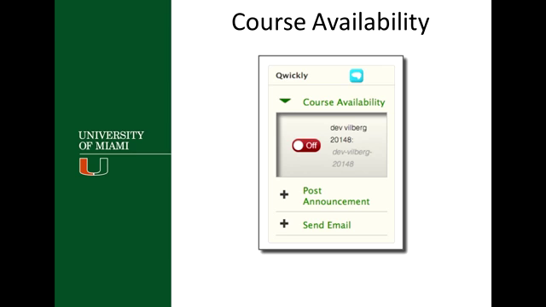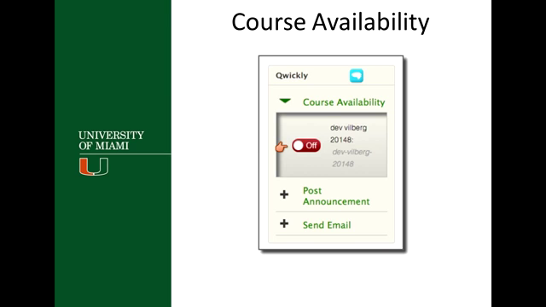Course availability, once you click on it to open it, gives you a list of your courses. In this case, I'm only in one this semester that I'm teaching, and it lets you just click on a toggle button to change it from unavailable to available.